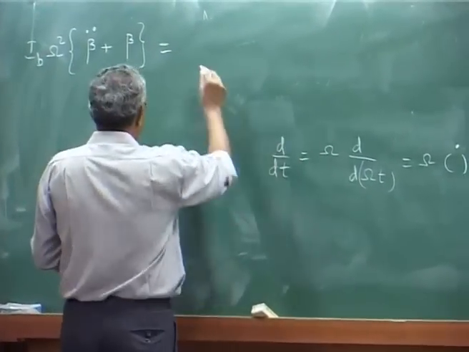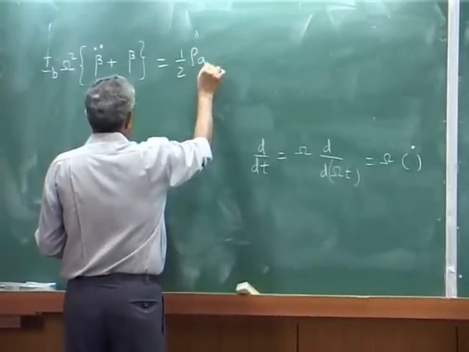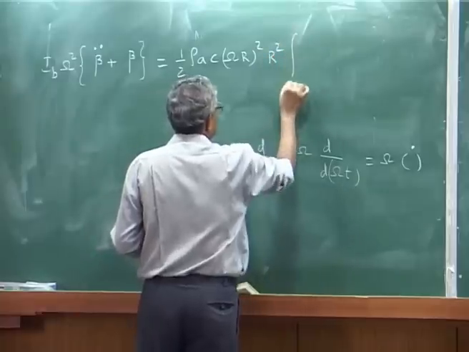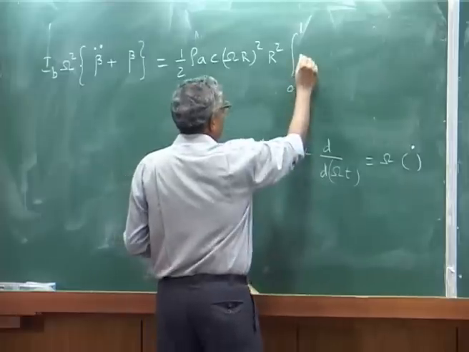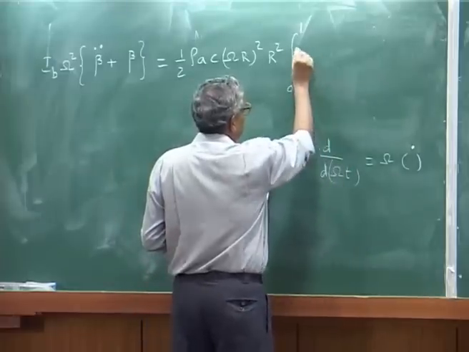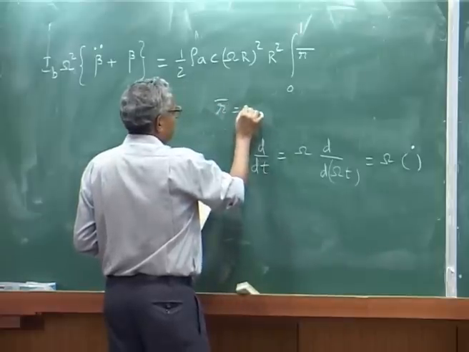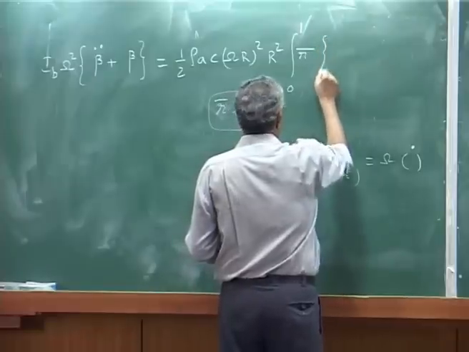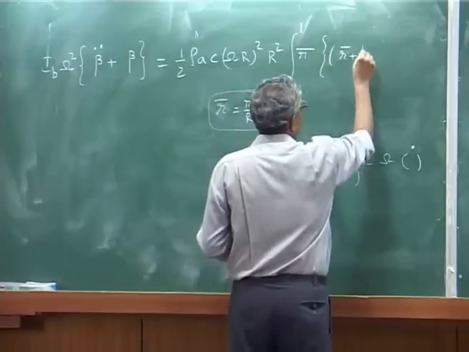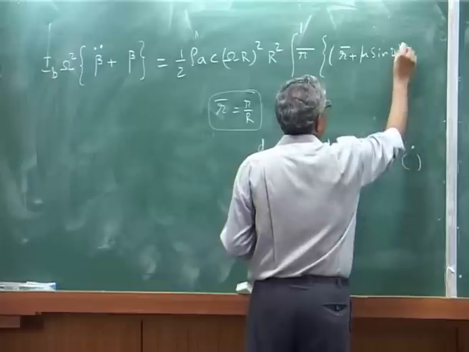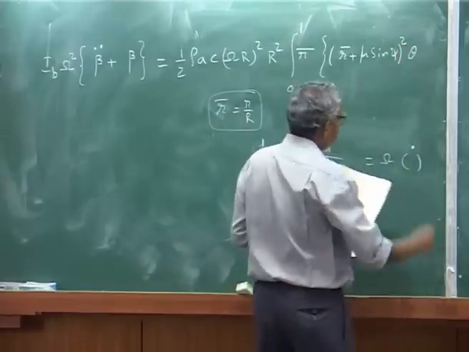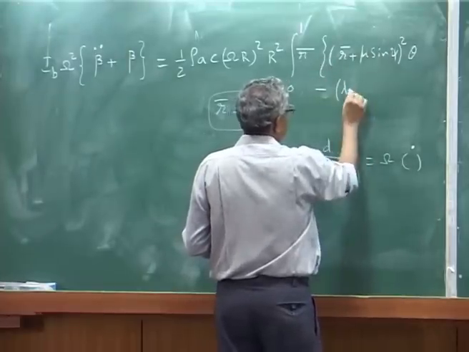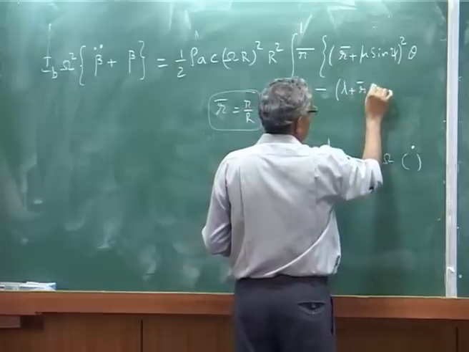Equals, I will take half rho a c omega r whole square, r square, integral 0 to 1, r bar d r bar, where r bar is r over capital R. Okay. r bar into (r bar plus mu sin psi) square theta, plus, sorry, not plus, minus lambda plus r bar beta dot.